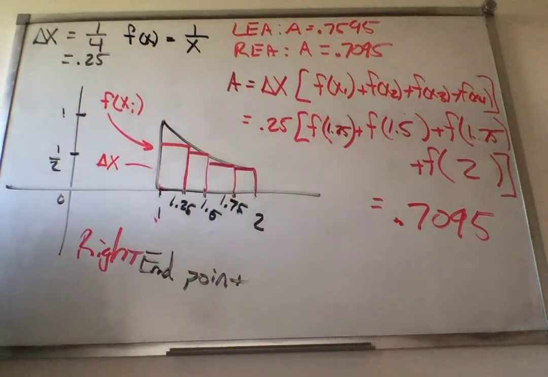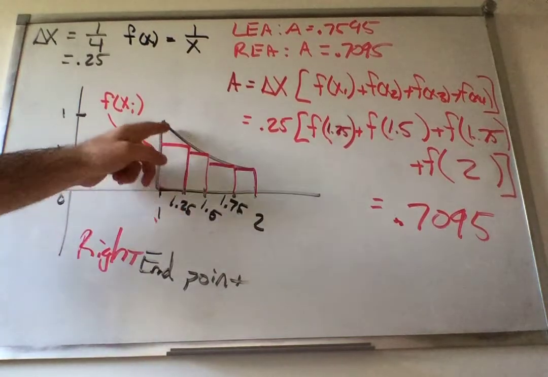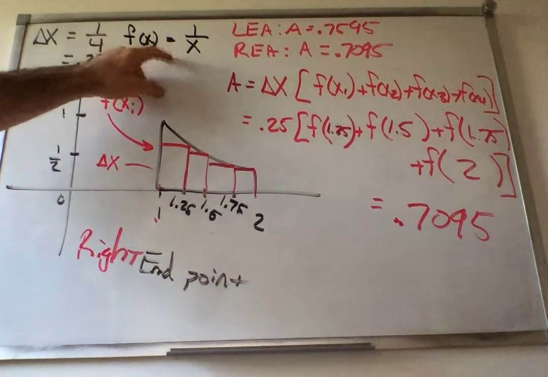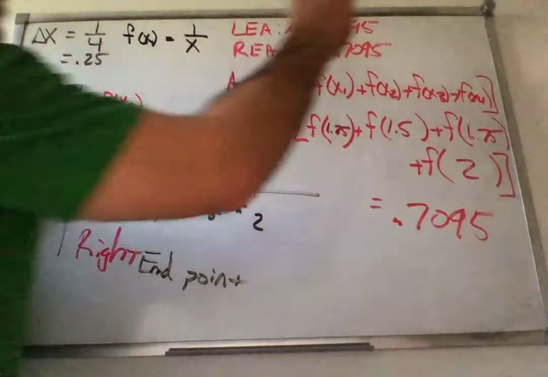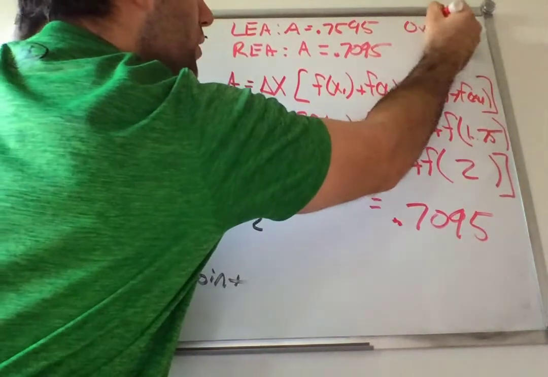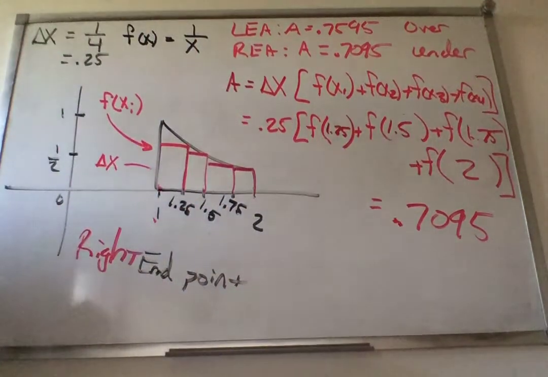Okay, so what this is saying is that using 4 rectangles to approximate the area underneath this curve between 1 and 2, we got, and this was an overestimate, this one is an underestimate.